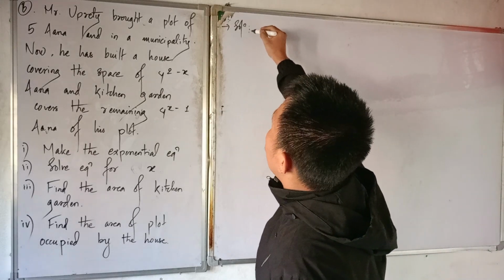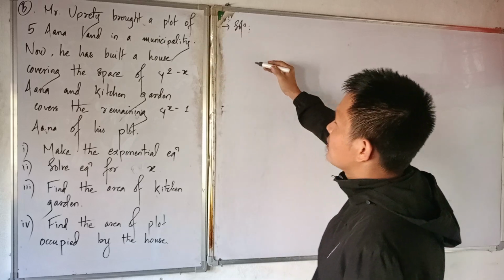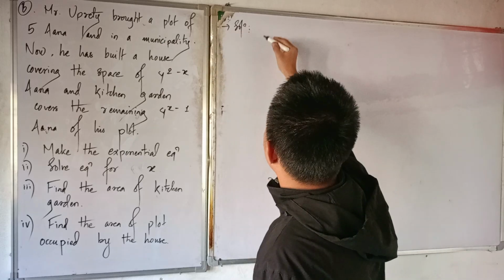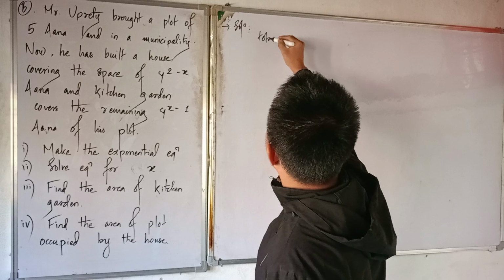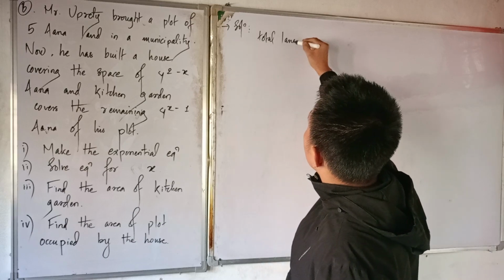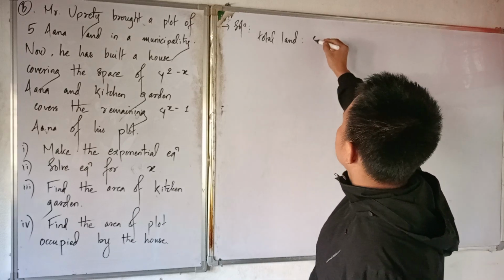So for the first part, let's write what is given here. So total land, we have 5 ana.